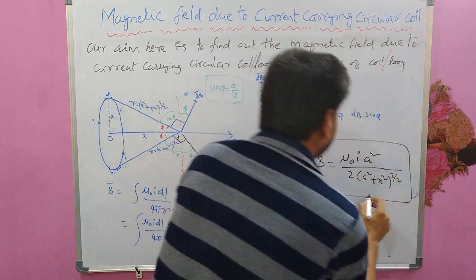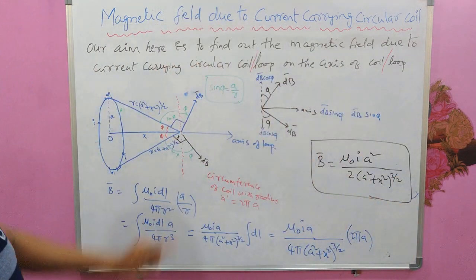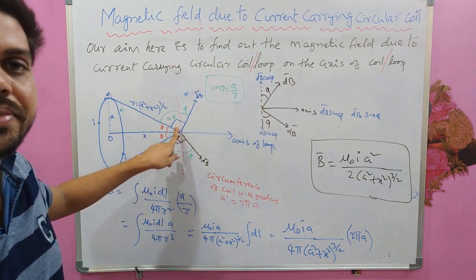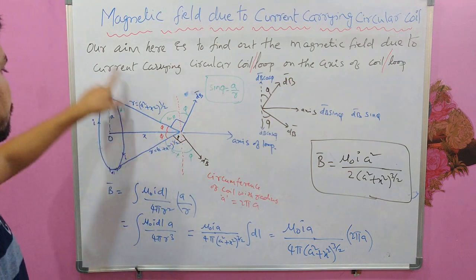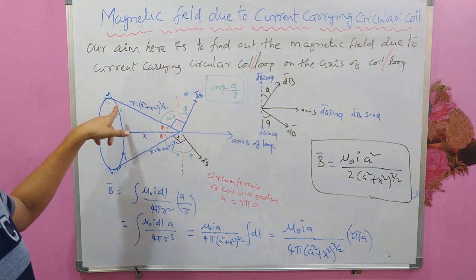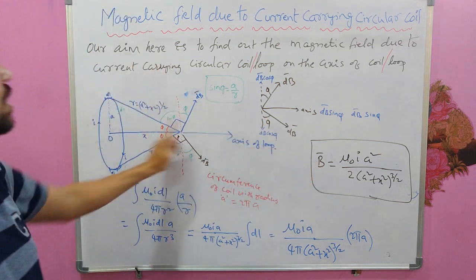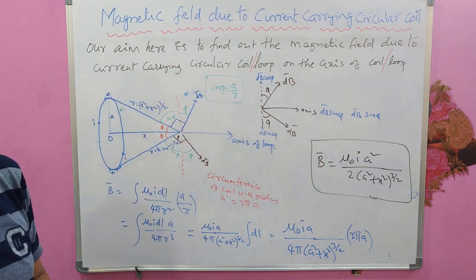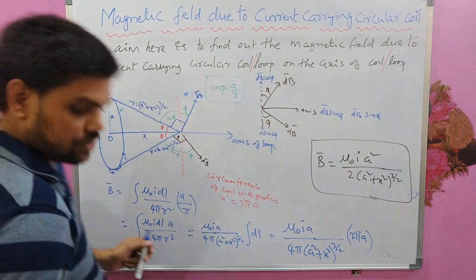This is the magnetic field produced at this point P due to this circular coil, and P is on the axis of that circular coil. Okay, so what is this?